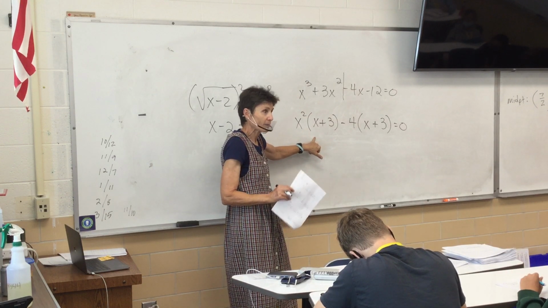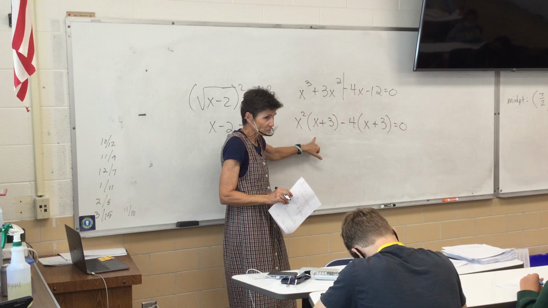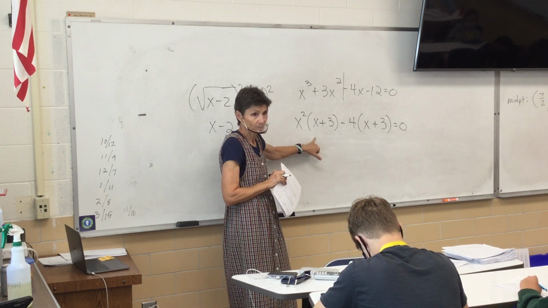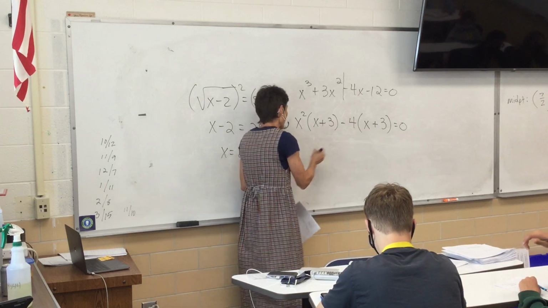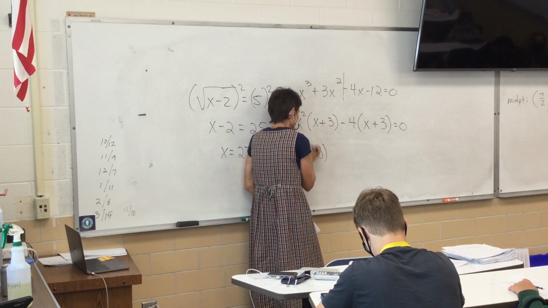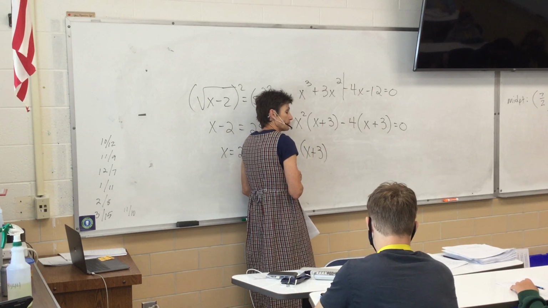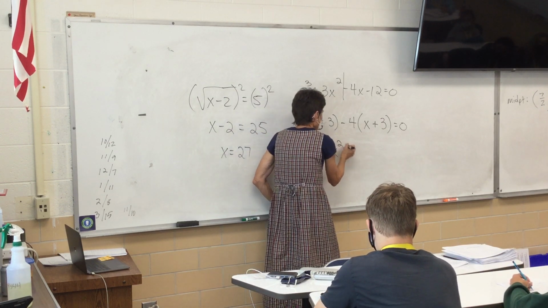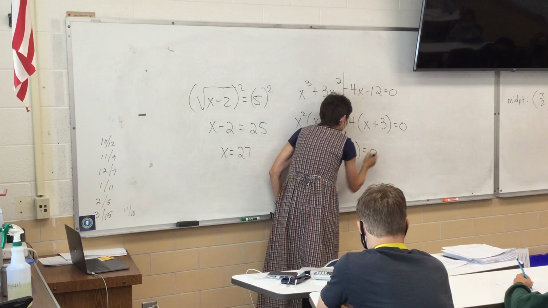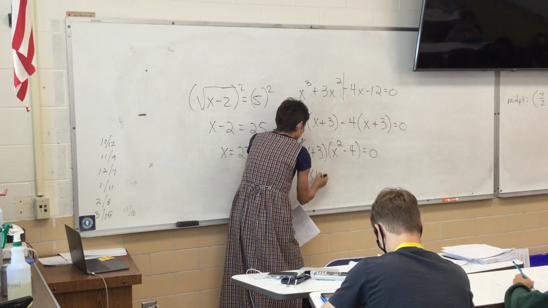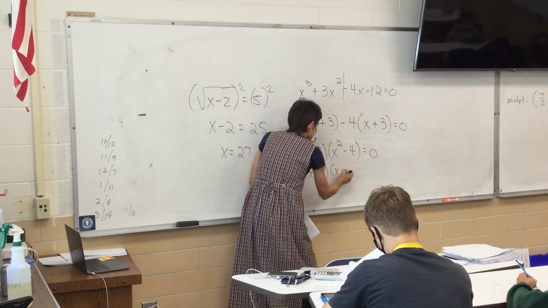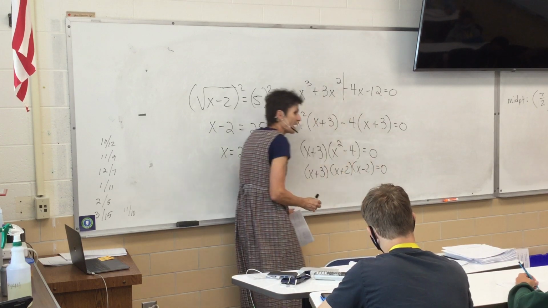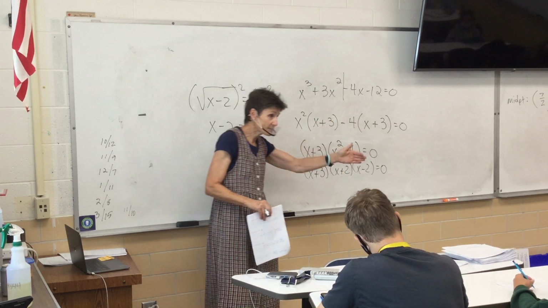I promise I'm not going to give you one on the test where they don't match. If yours don't match, you messed up, go back and figure it out. Now, write the match down. What's left? I think that's the same thing that was left before. What do we do with X squared minus 4? Perfect, it's the difference of squares. It will always factor into X plus, X minus.